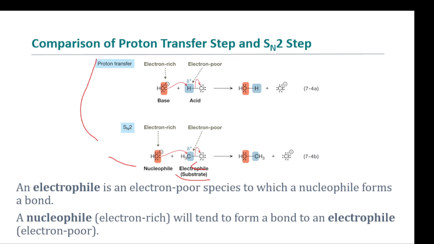Did anybody catch something interesting in all this, though? Anybody remember Lewis acids and bases? Did you guys cover Lewis acid and base? So in a Lewis acid and base, what is a Lewis base? A Lewis acid is an electron acceptor, isn't it?